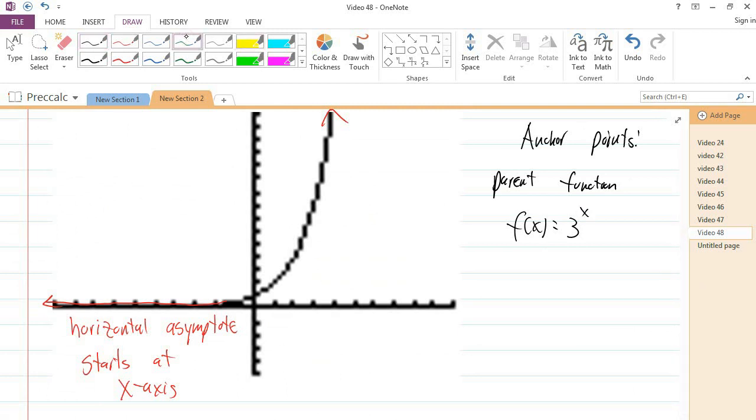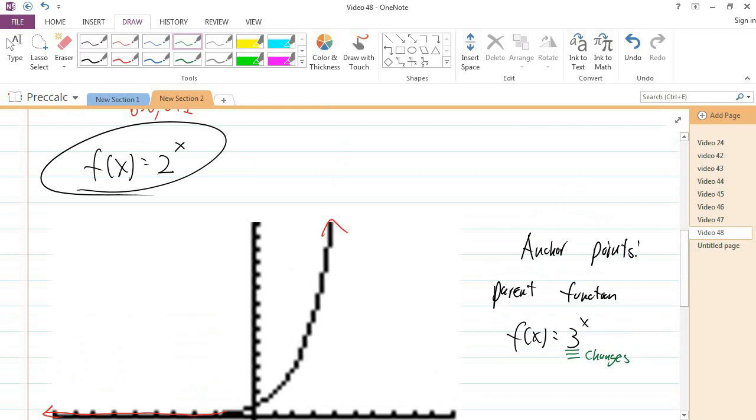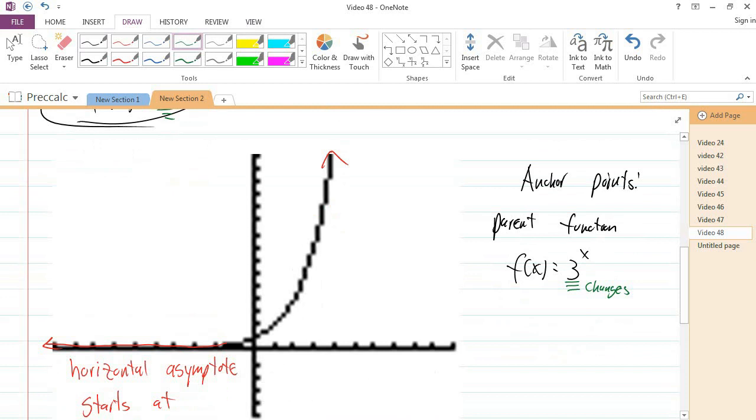And the base will change depending on the function. So in this previous example, the base is 2. Over here, it's 3. Just that all alone without any other doodads is the parent function.